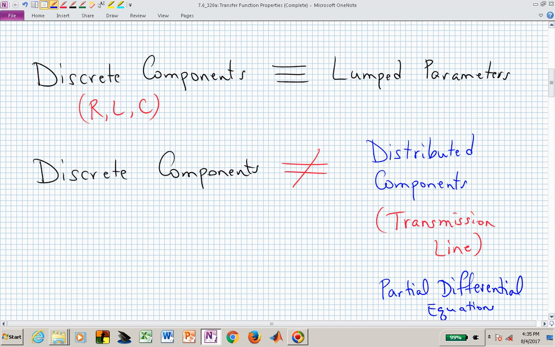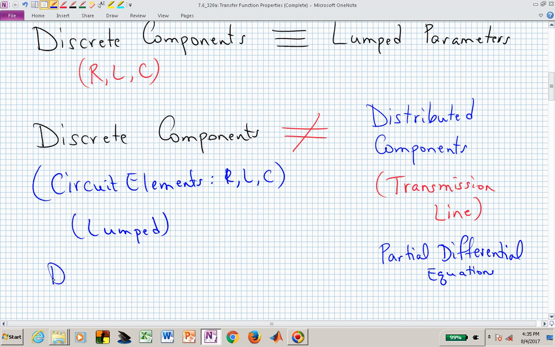In this class, we're working with circuit elements governed or described by resistors, inductors, and capacitors. Those are lumped, meaning they are not a function of position or location, and that gives rise then to differential equations, not partial differential equations.